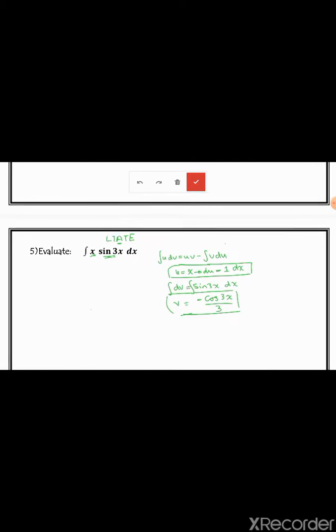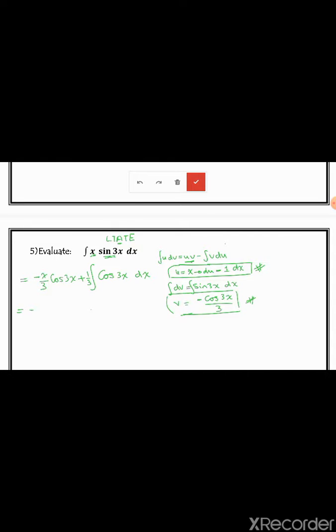Then I'm gonna try here to apply the rule, which is u, which is x, and v this all, so it's a negative x over 3 cosine 3x minus the integral of v, which is positive now, since a negative is positive, 1/3. I will put here 1/3 as a constant, cosine 3x times du. The du is dx. The du is 1 dx, it's here.